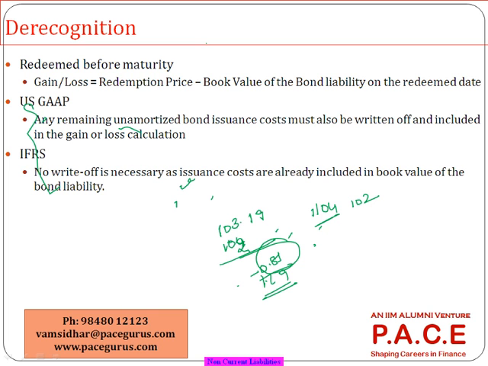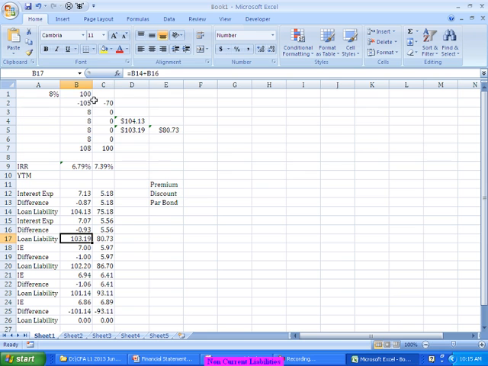So it's like this. Probably a better way to understand is, let's say 2 is the bond issuance costs, right? What we may say is 107 I will put as the price of the bond as per IFRS.